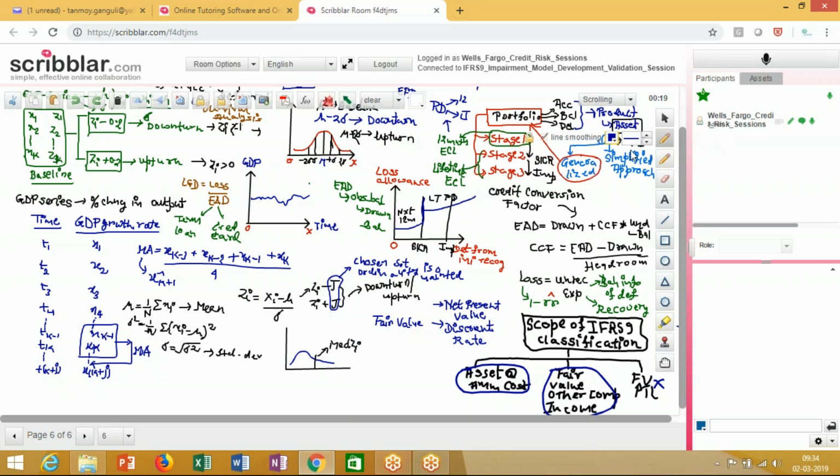Now, the concept of fair value is very difficult to, first of all, have a unique definition for. Basically, I would say that it is the price that would be received to sell that asset, or paid to transfer that liability to someone.